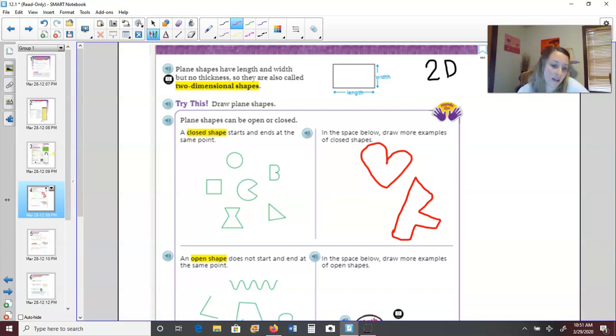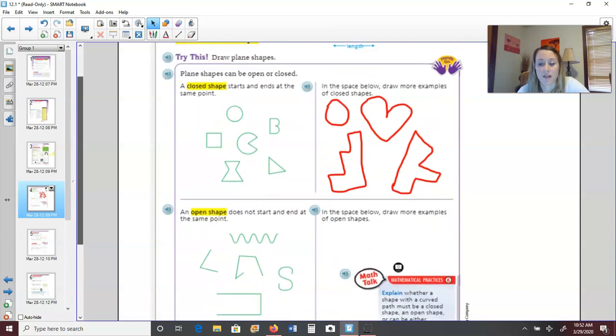That's kind of like a sideways T. Maybe some stairs. Sadie said a circle. Yeah, a circle is a closed shape. So as long as your shapes are closed, you created closed shapes.